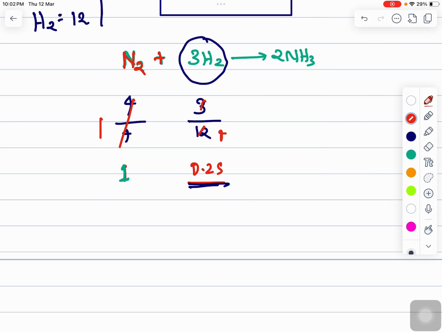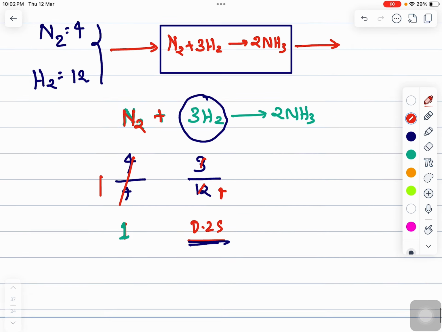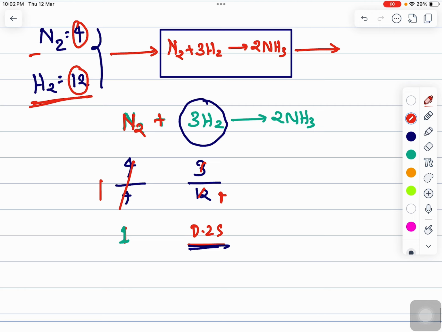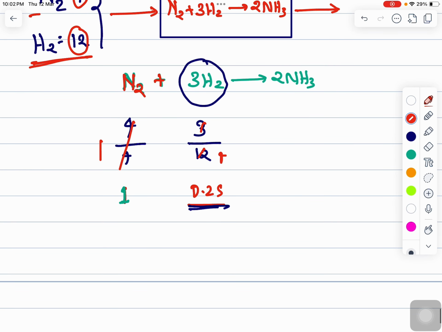Just try to understand. In this particular problem, 4 moles of nitrogen are being supplied and 12 moles of hydrogen are being supplied. Hydrogen will get completely consumed, but a part of the nitrogen will get reacted and some part of the nitrogen may remain as it is. In the problem you can see that 3 moles of hydrogen require 1 mole of nitrogen. So 1 mole of hydrogen will require 1 by 3 moles of nitrogen.